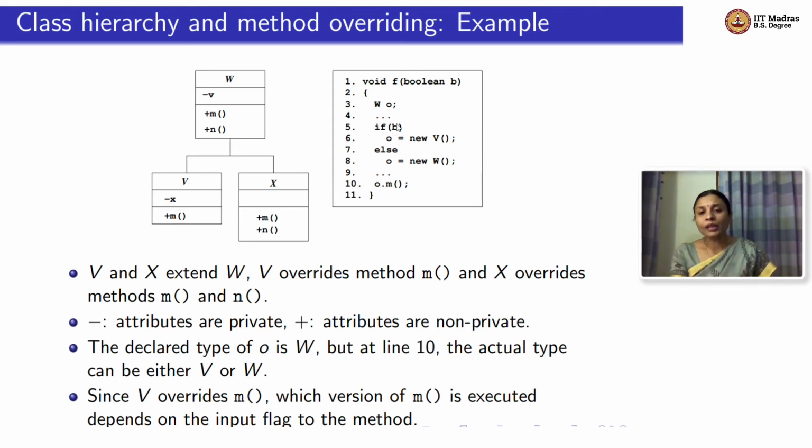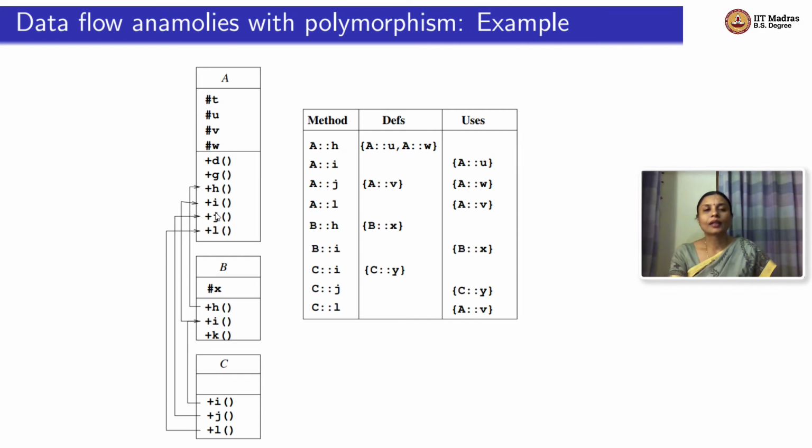And we can't determine this statically because it's completely dictated by whether B tests true or B tests false. Any of these can be assigned. So these methods can get overridden. If V's version runs, then M will start running. So these kinds of issues are difficult to determine statically.